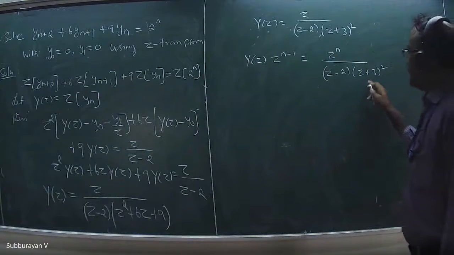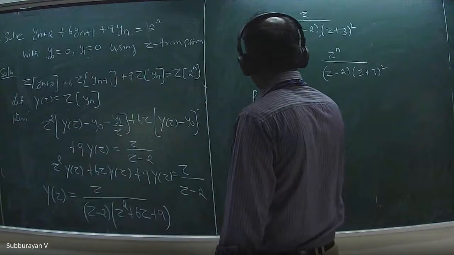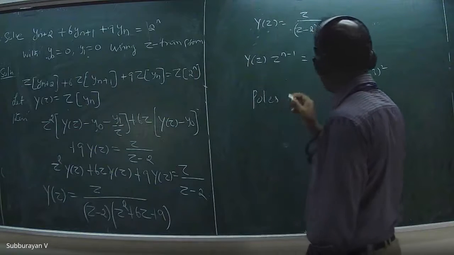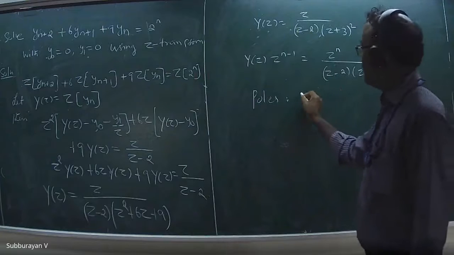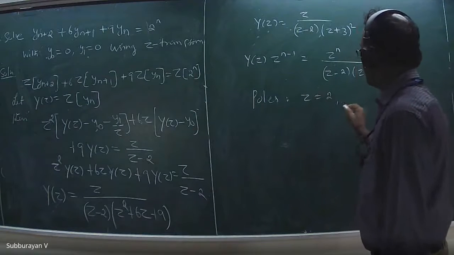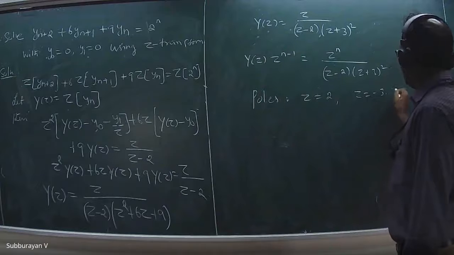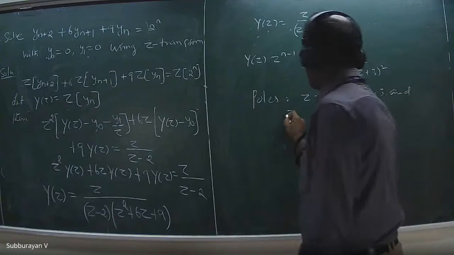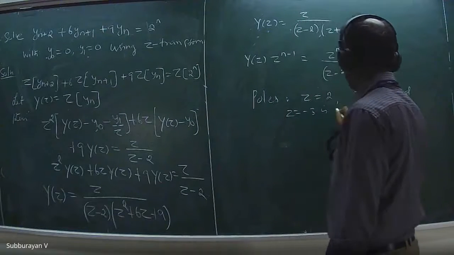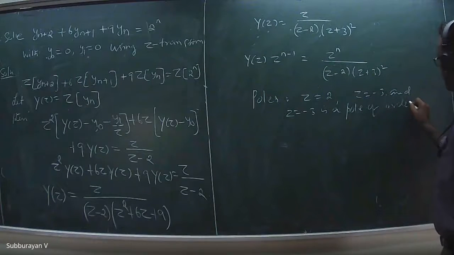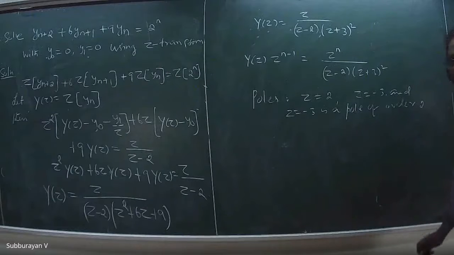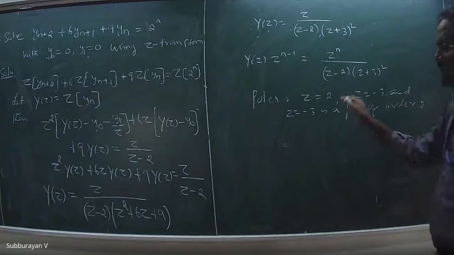Now what are the poles? The poles are z equal to 2 and z equal to minus 3, and z equal to minus 3 is a pole of order 2. It is a double pole, whereas z equal to 2 is a simple pole.